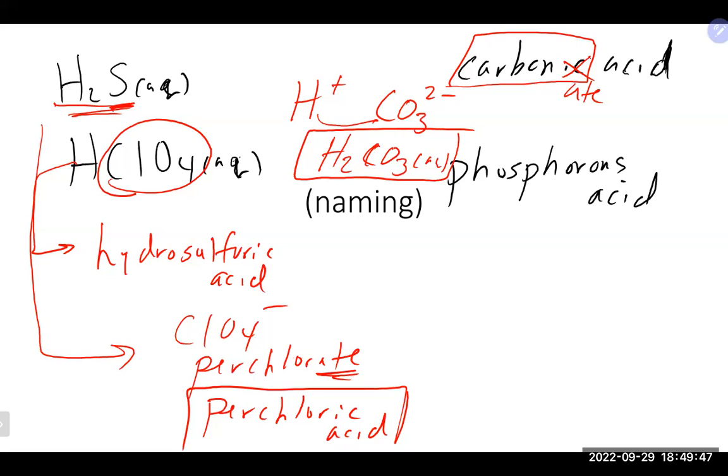Same approach here. We got phosphorus acid. So once again, I don't see a hydro, so I know it's an oxygen containing guy, which means it should be polyatomic ion time. That is ous, which means basically it's ite. So that's like phosphite, which is PO3 minus.